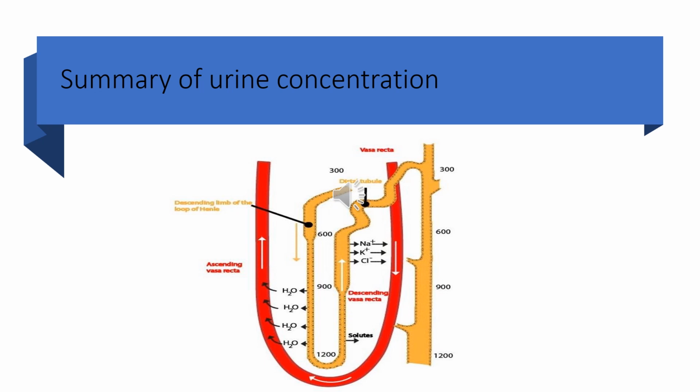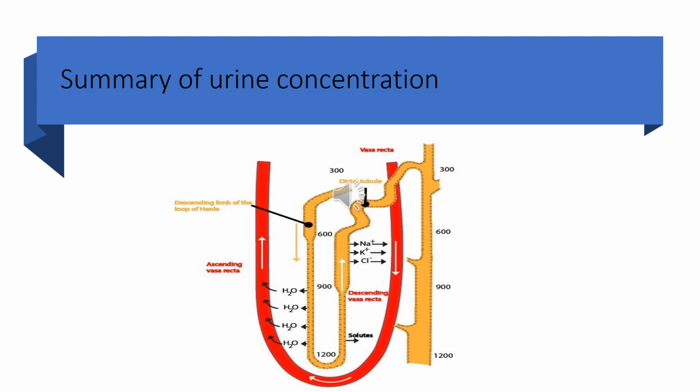So it remains isosmotic to plasma, having an osmolarity of about 300 milliosmoles per liter. When it reaches the proximal convoluted tubule, active reabsorption of solutes followed by obligatory reabsorption of water occurs there, and hence the osmolarity remains the same, isosmotic to plasma, that is 300 milliosmoles per liter.